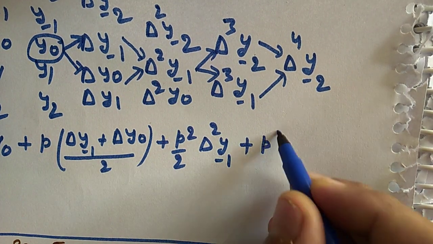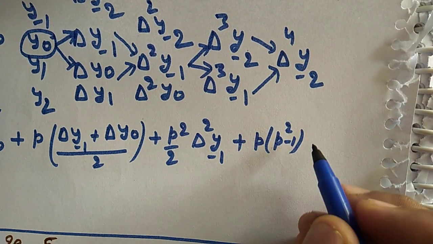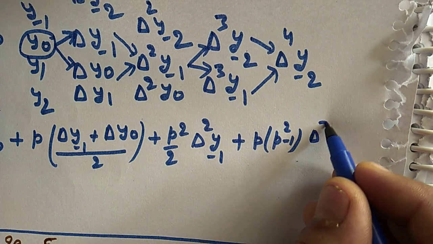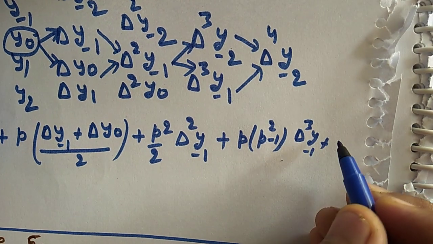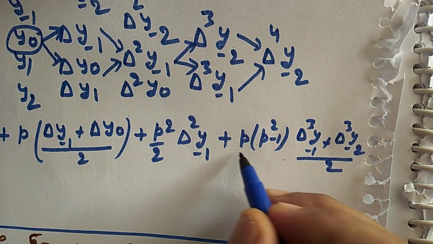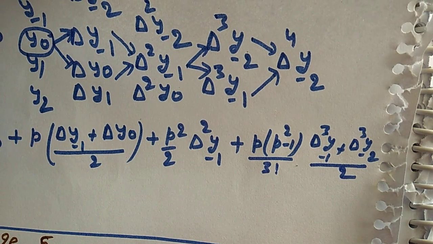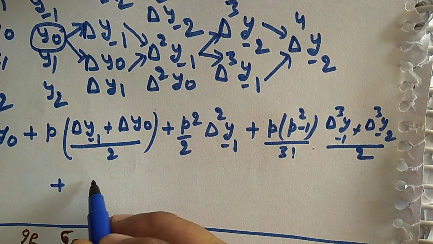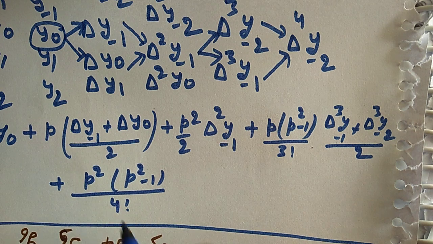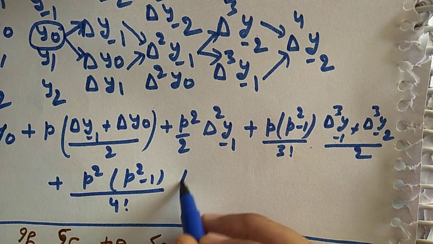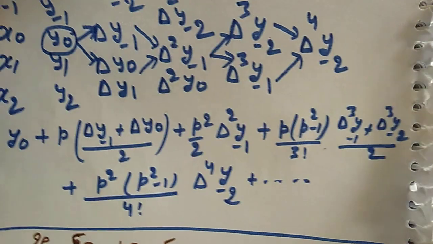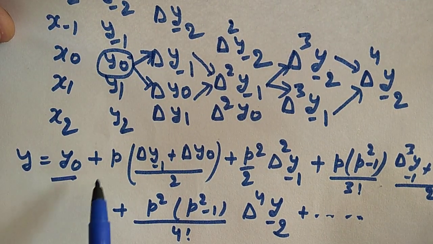So we have p and p square minus 1, and the average of these two terms, delta cube y minus 1 plus delta cube y minus 2 by 2, divided by factorial 3, and then plus p square, p square minus 1 divided by factorial 4, delta power 4 y minus 2 plus dot dot dot. So this is the Stirling formula.